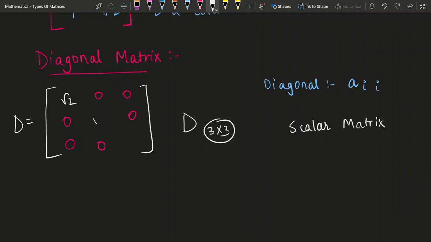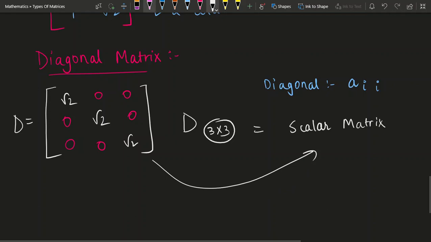So you put root 2, root 2, root 2 here, all of the diagonal entries are equal, and it's called a scalar matrix. So in this case, D, 3 by 3, is a scalar matrix. You could have put in any number here, i, or 1, 1, 1, and it doesn't matter as long as you have a diagonal matrix and the diagonal entries are equal to a single number.